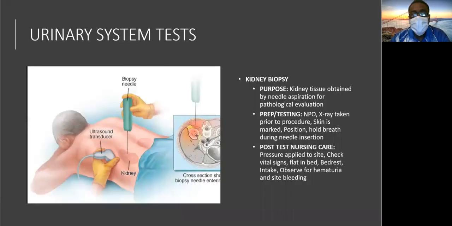We could also carry out a kidney biopsy. So here you can see the biopsy being done. An ultrasound transducer is used to locate the position of the kidney while a sample is being collected. For this percutaneous kidney biopsy, whichever you choose to call it, kidney tissues are obtained by needle aspiration for pathological evaluation.